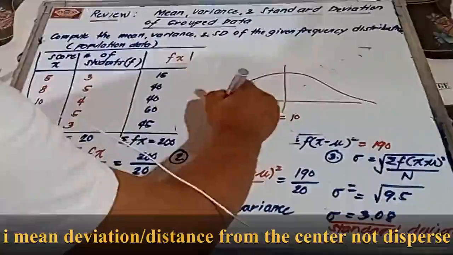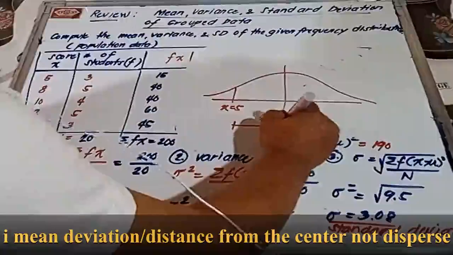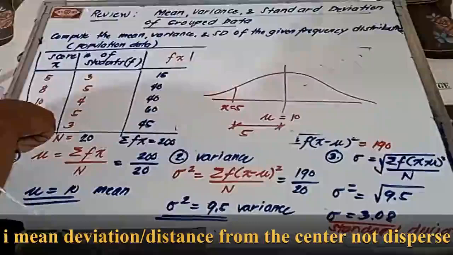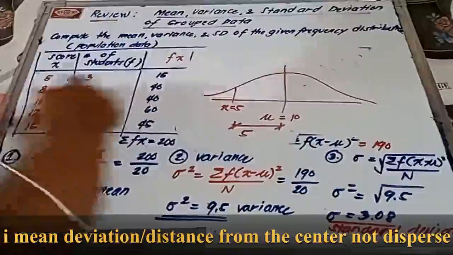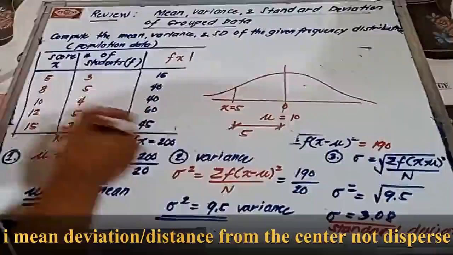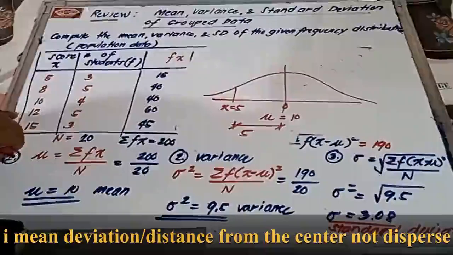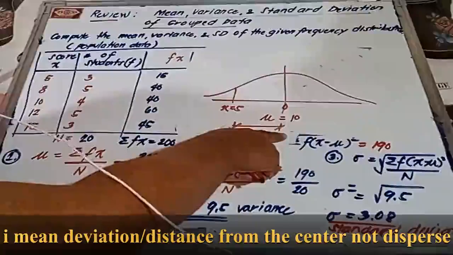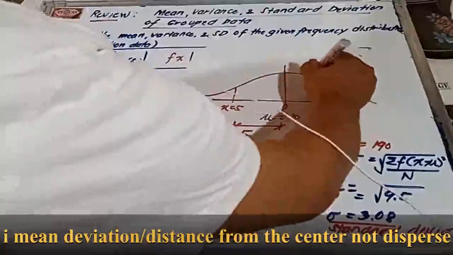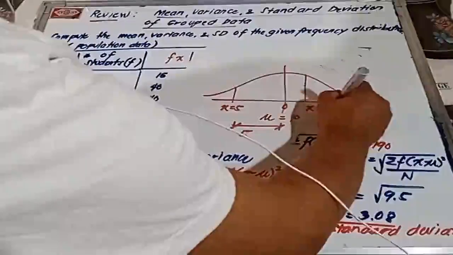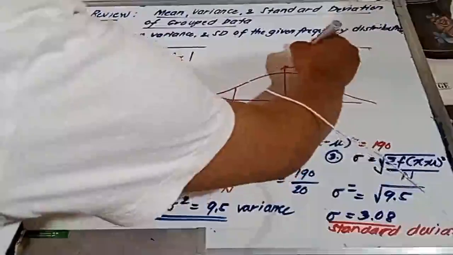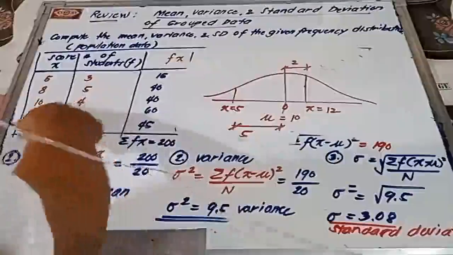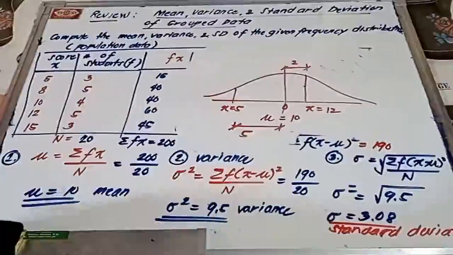So ang distance niya from the center is actually 5 units to the left. Wherein itong 10 na to, ang dispersion niya 0, kasi 10 ang score niya, ang mean natin ay 10, so ang layo niya from the center is 0. While yung 12 natin, ang layo niya from the center is 2 units to the right of the mean, which means magagaling yung mga batang ito. Okay? Above average yung kanilang nakuha score.